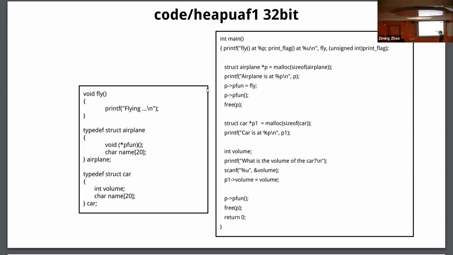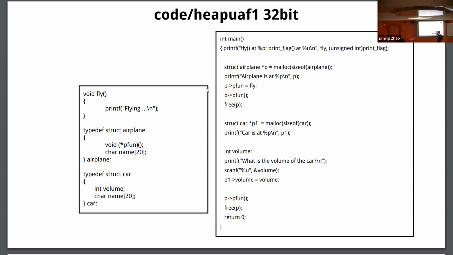But here, because this is a car, it doesn't have that function pointer, it doesn't have fly, it has a volume. Then it asks you to input the volume, and you put the volume there. Then there is a mistake here: a use after free.